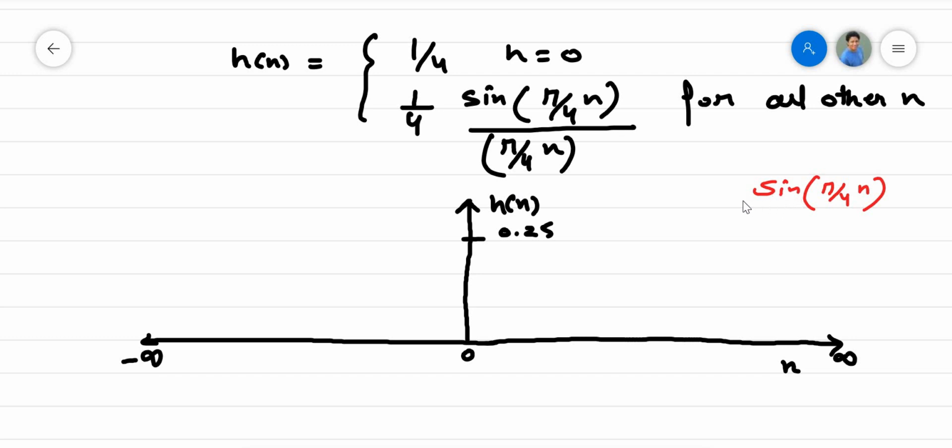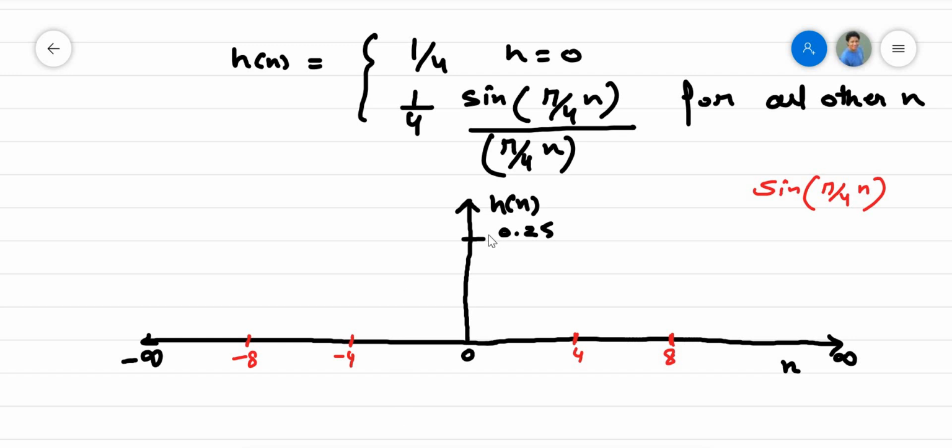But the zero crossing will happen due to this function. One can see when n is a multiple of 4, then only this function will go to 0. So the first zero crossings will come at minus 4 and 4, then minus 8 and 8, and so on, then 16 and so on.